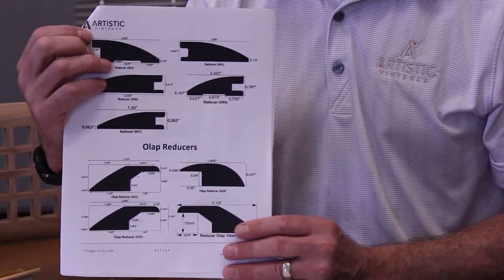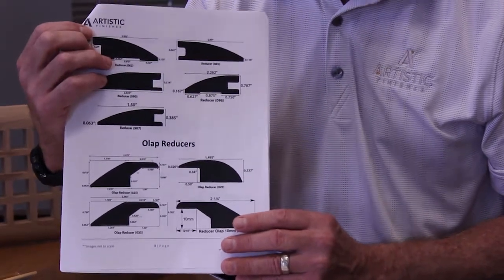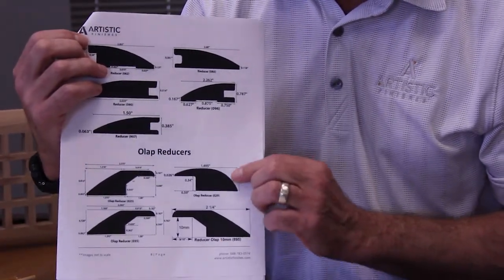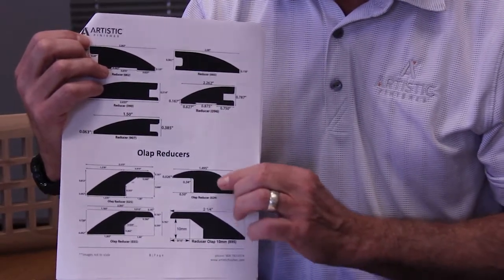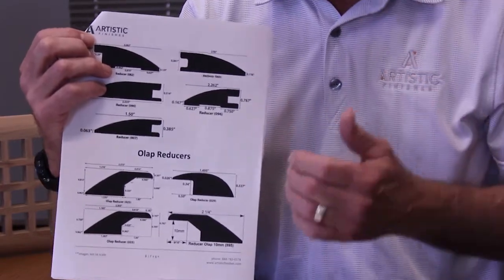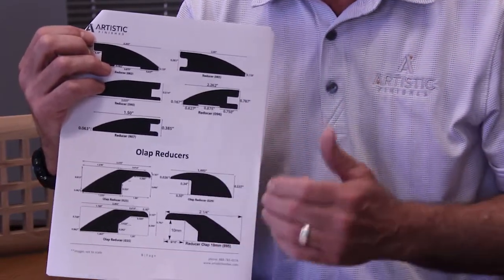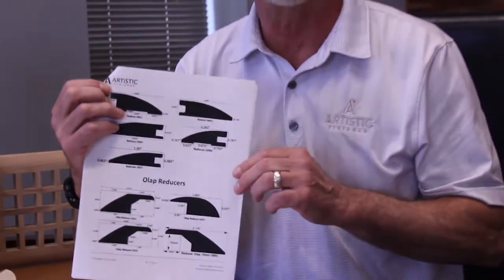When you get into overlap reducers, however, for the most part these are non-compliant. Why? Because we have a very quick rise on most of these, and because of the overlap section they have a greater rise with basically the same amount of run, and that 1:2 ratio we fall short on.